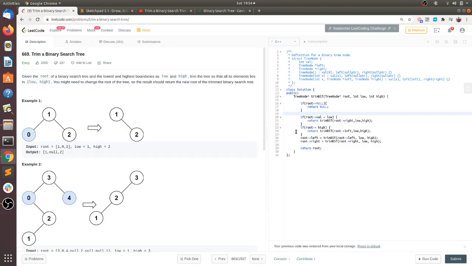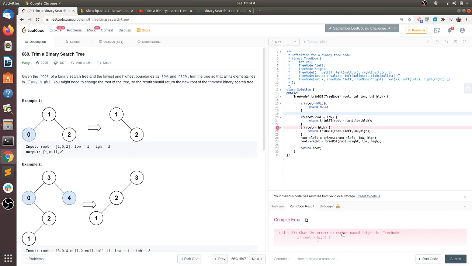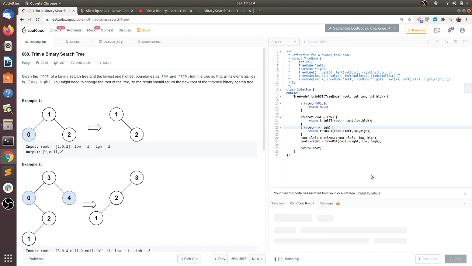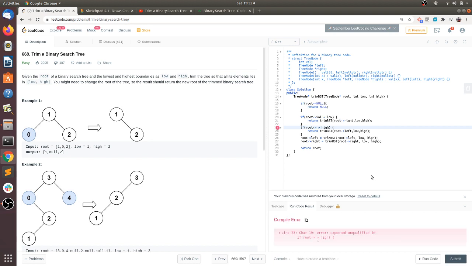Okay, so let me try to run this code. It's showing me some error here. Okay, I'm missing a, yeah, oopsie, another error.